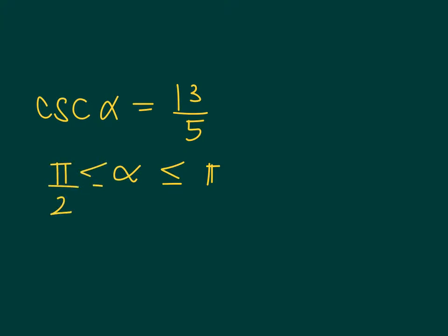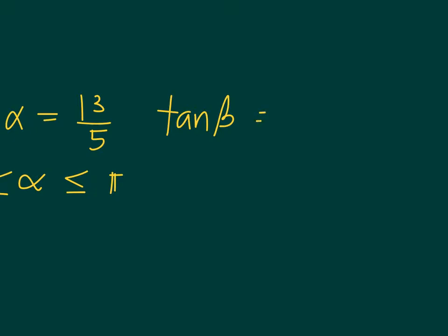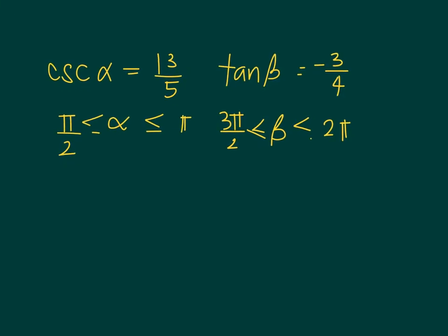At the same time, tangent of beta is negative 3 over 4, noting that beta is less than 2 pi and greater than or equal to 3 pi over 2. So what we need to find is the value of sine of alpha minus beta.